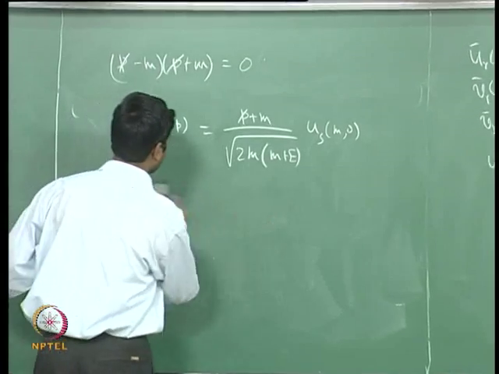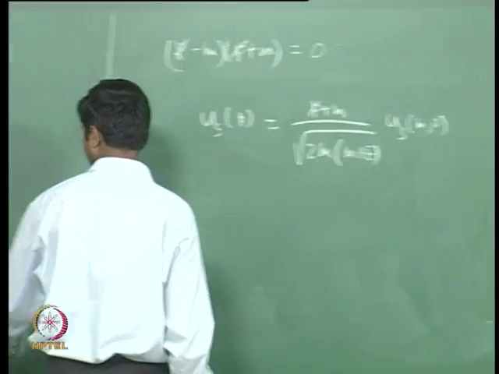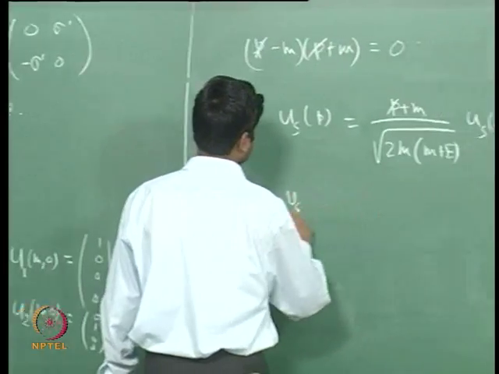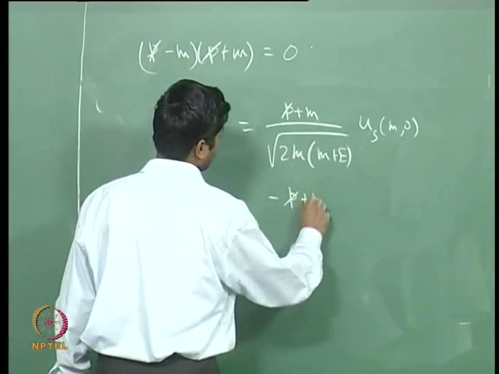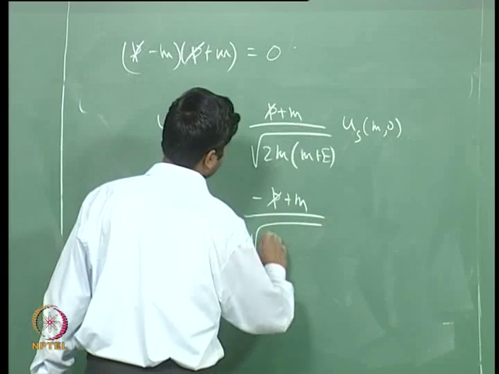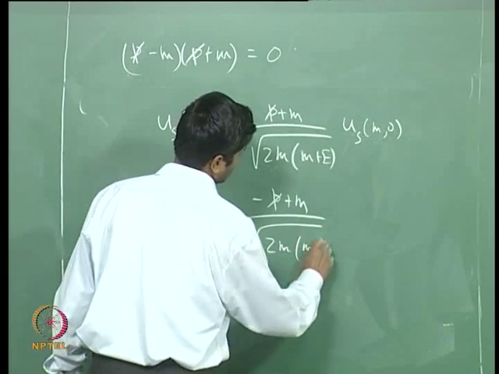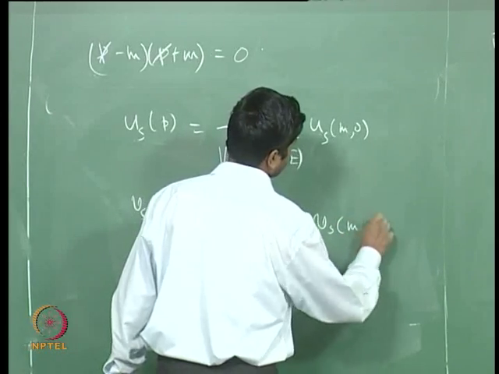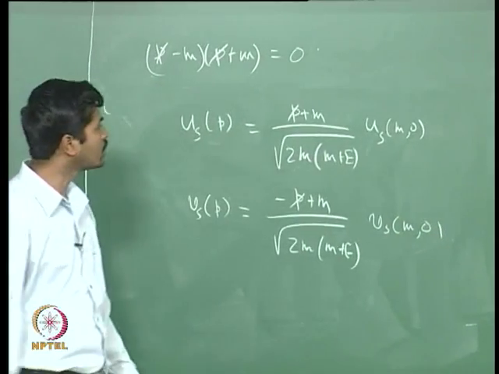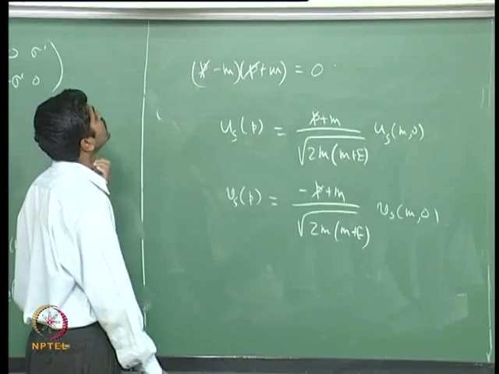Similarly, you can construct the solution for v_s(p), which is (minus p-slash plus m) divided by the square root of 2m(m plus E), times v_s(m, 0). Can you just repeat how it's the most general solution?